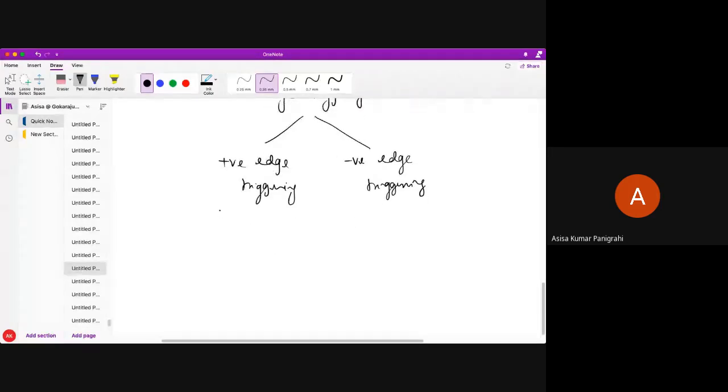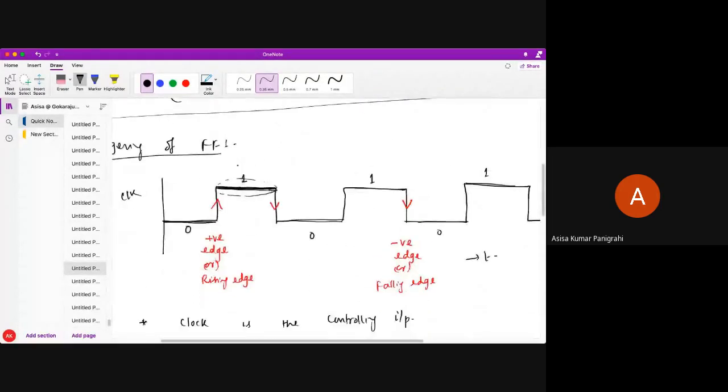Positive edge triggering means the flip-flop is changing its state during this particular period of time.